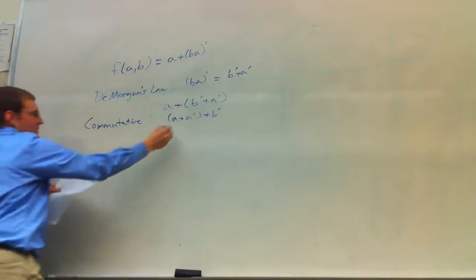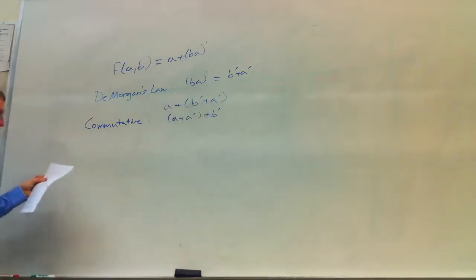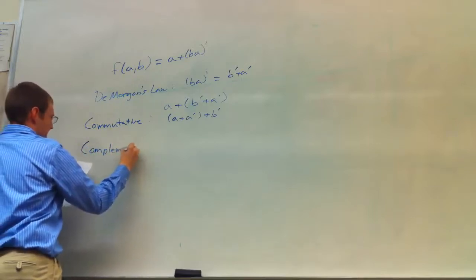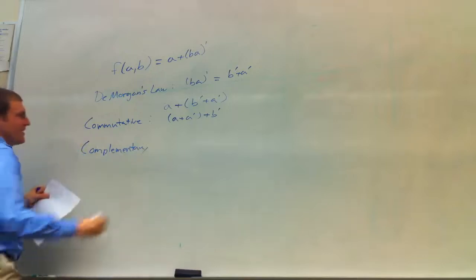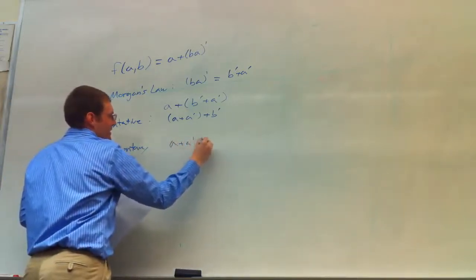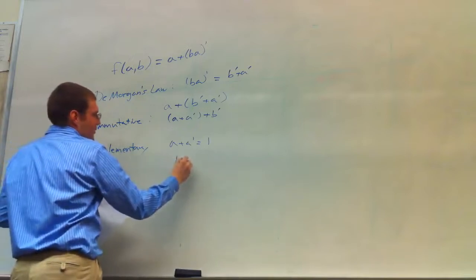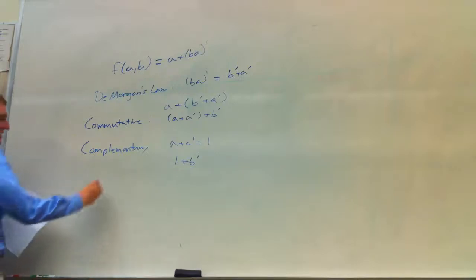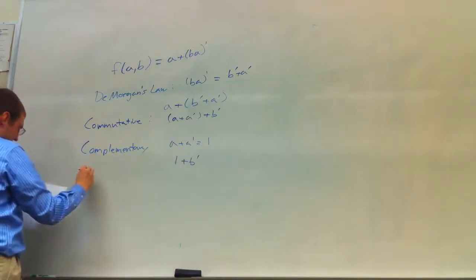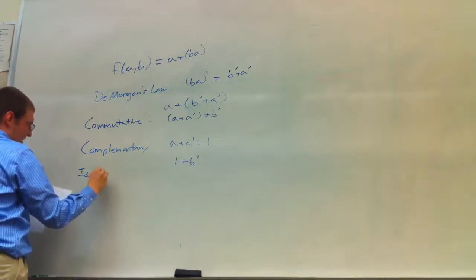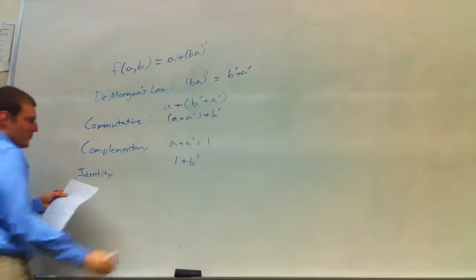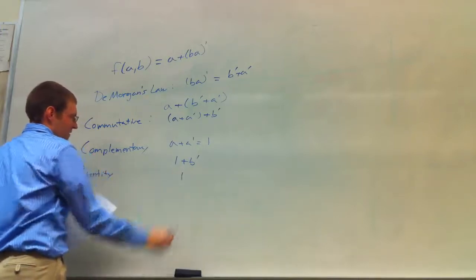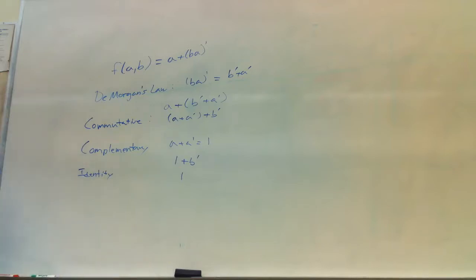So what's this right here then? 1, which is what law? That's the complementary law. So A or A not equals 1. So now we have 1 or B not as our function. And then this is the identity law. So 1 ORed with anything is 1. So the answer to this is 1.